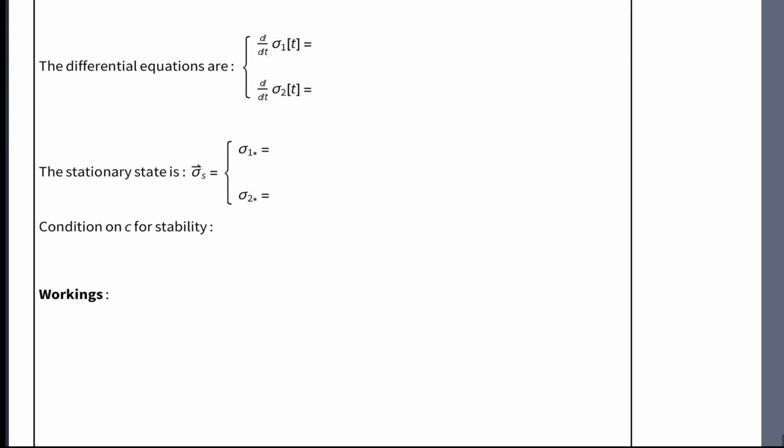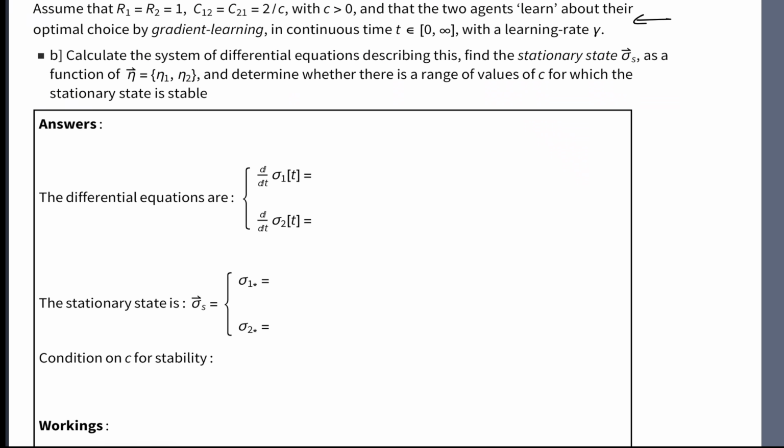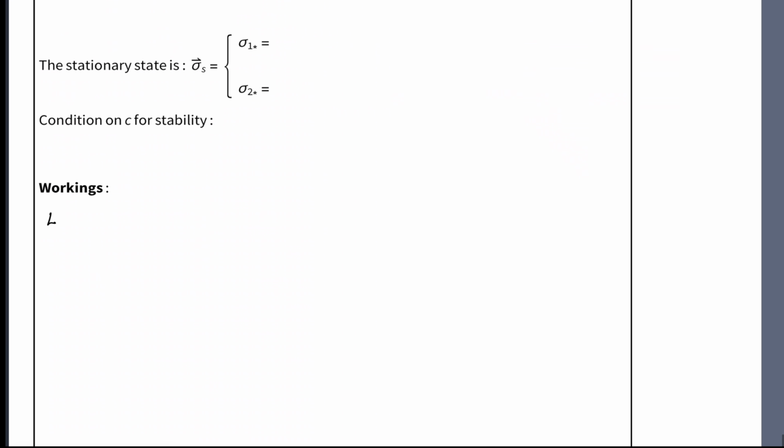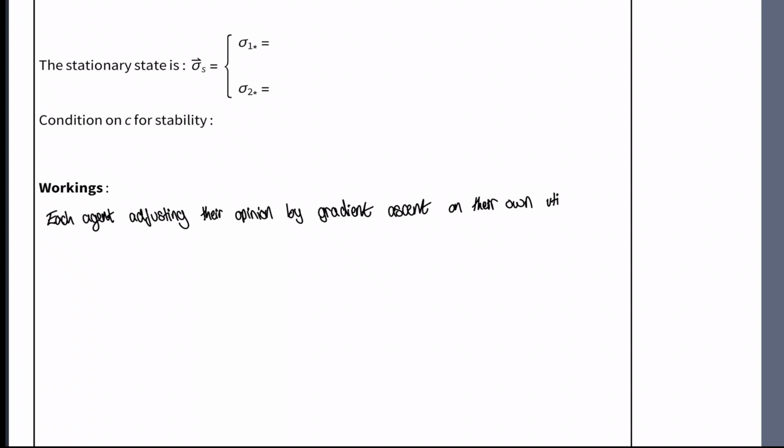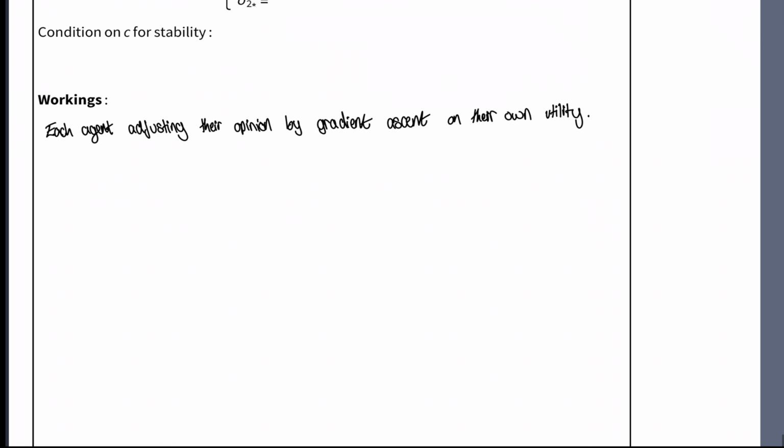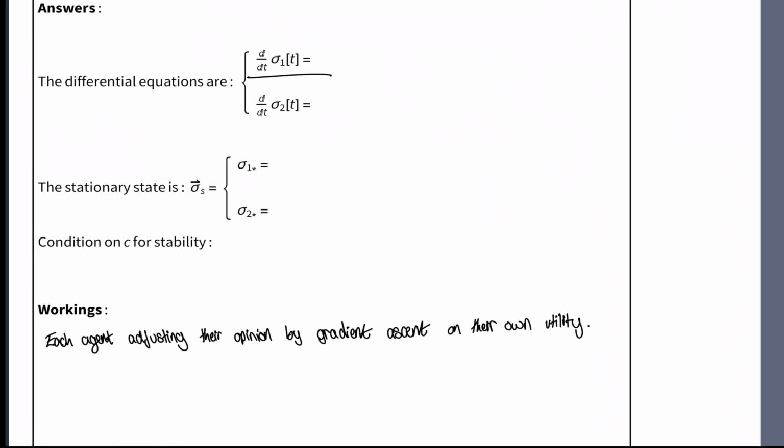Cool. So what we know from this line is that each agent is adjusting their opinion by gradient ascent on their own utility. So what that means is that we have these differential equations.